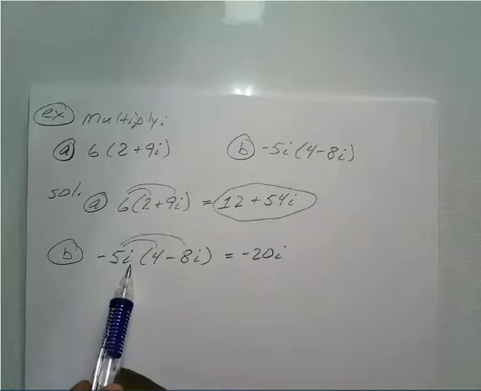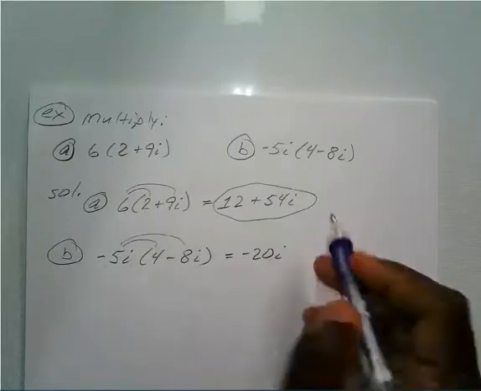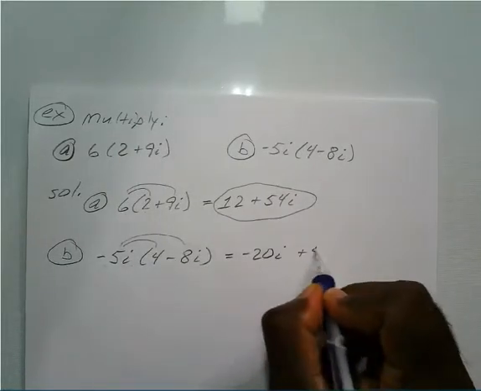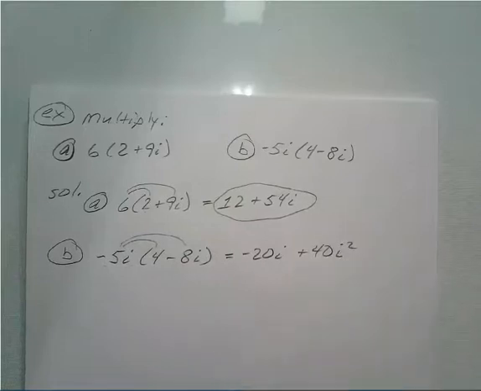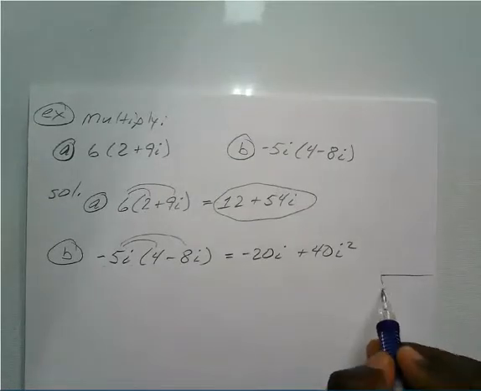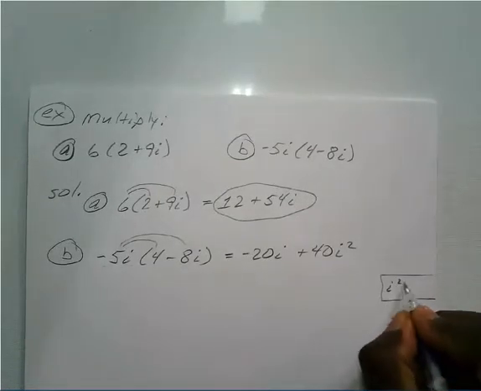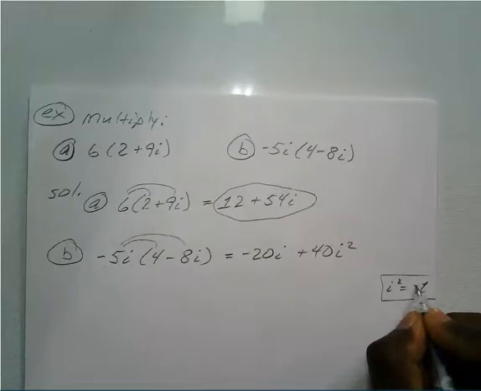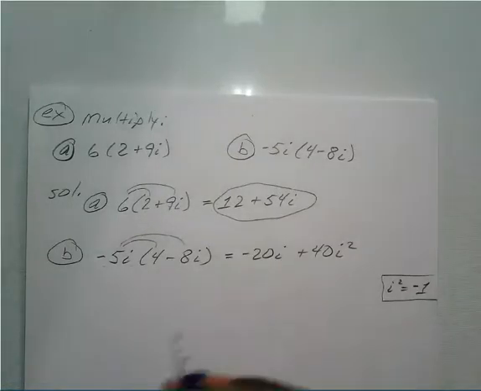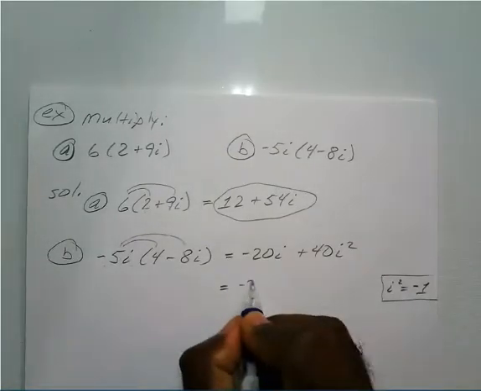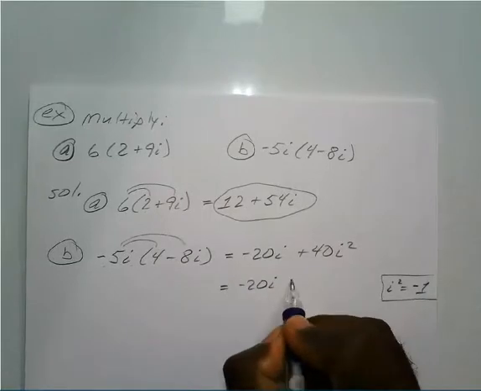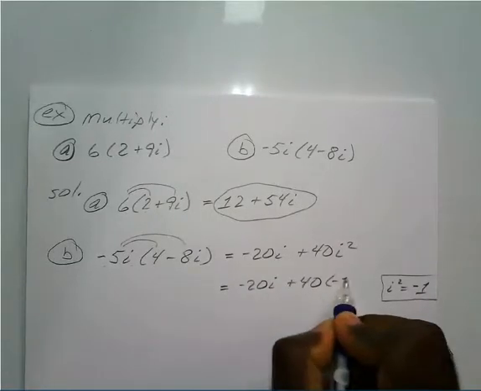Now -5i times -8i will actually give you positive 40i squared, because i times i is i squared. But once again, you can't forget that i squared equals -1. That gives you -20i plus 40 times -1.